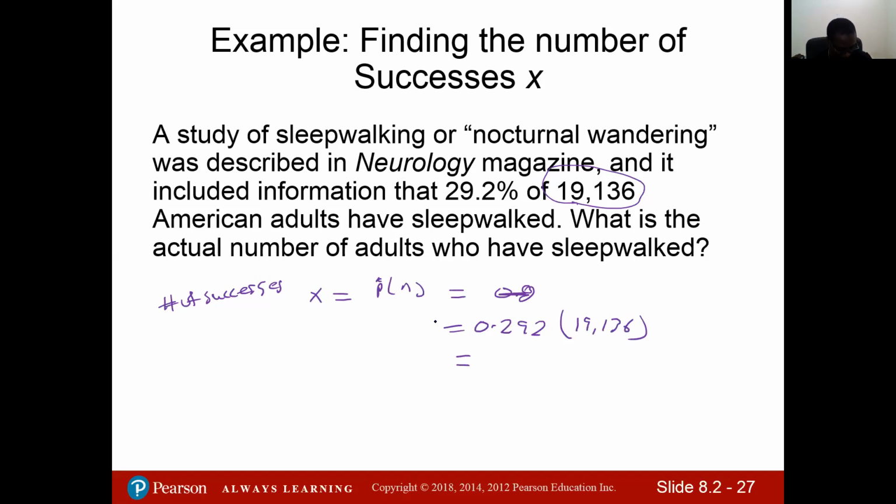Then when you calculate that, you get 558.6. Then you round it up to 559. So this is the number that we're talking about.